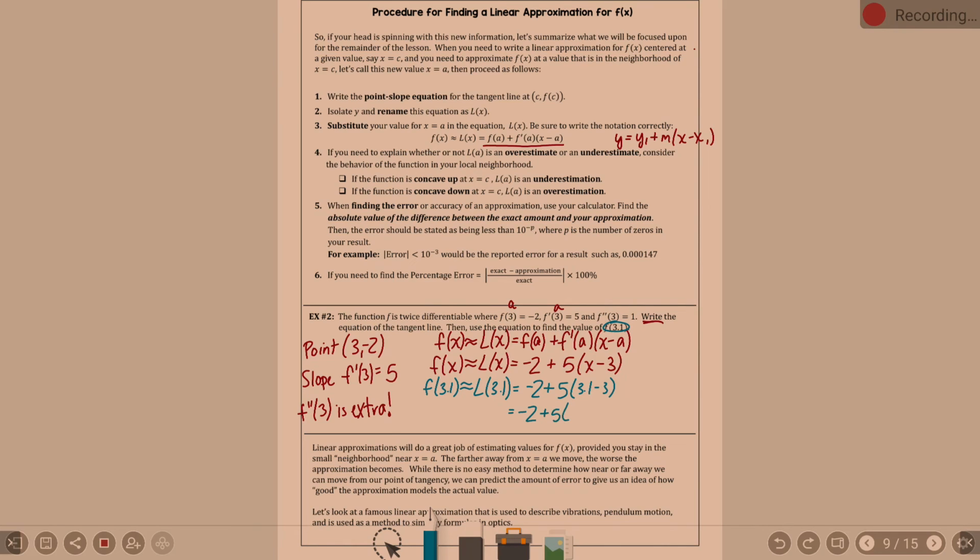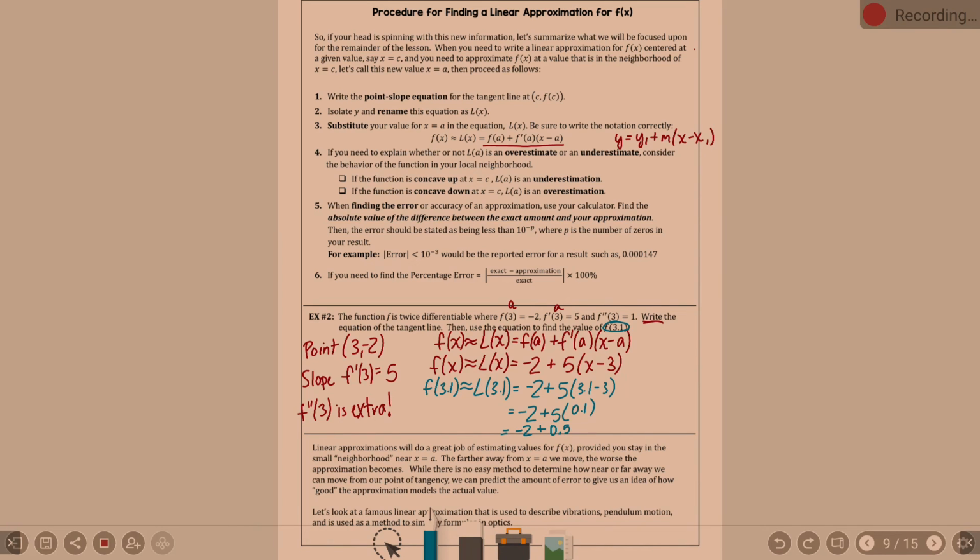What is 3.1 minus 3? 0.1 for that part. So if you're a step ahead of me, what is 0.1 times 5? And negative 2 plus 0.5?